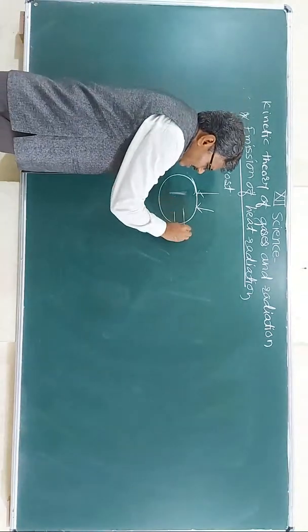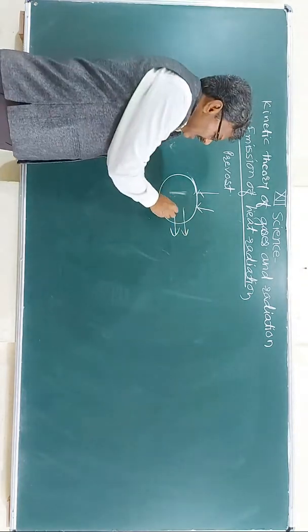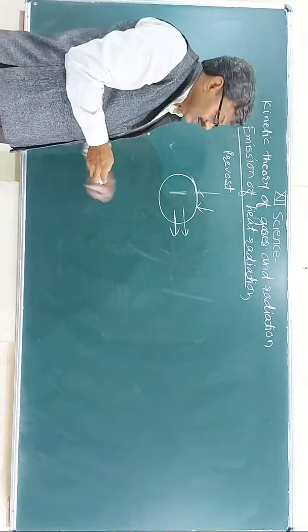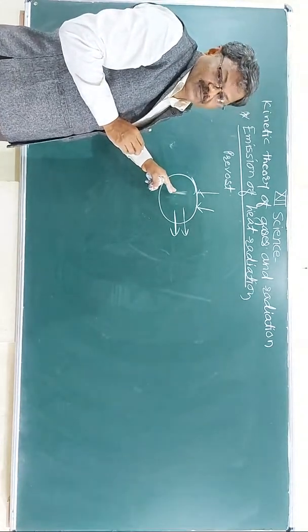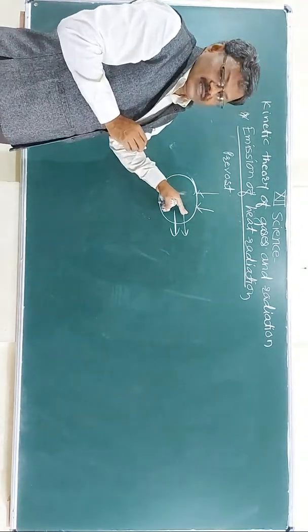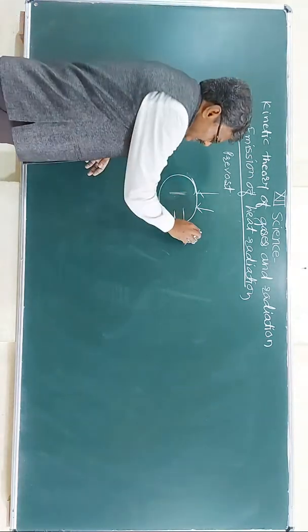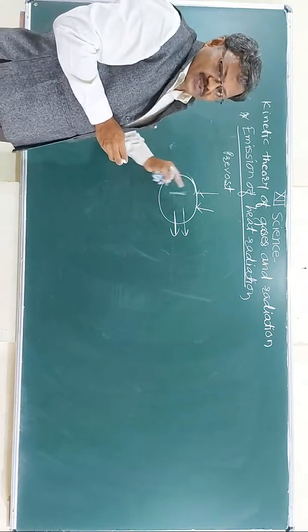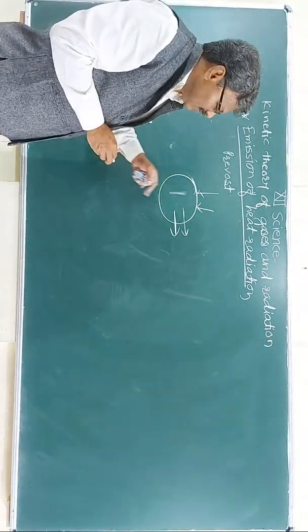When it radiates energy, it means there is a loss of energy, and its temperature is lowered. Thus, we also know that when a body radiates energy, at the same time it absorbs energy from the surrounding.